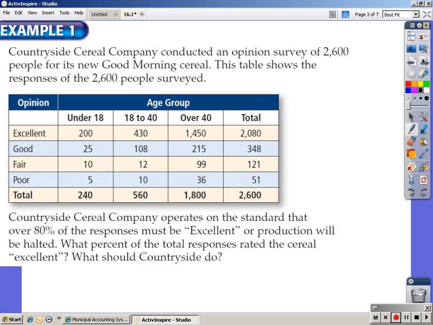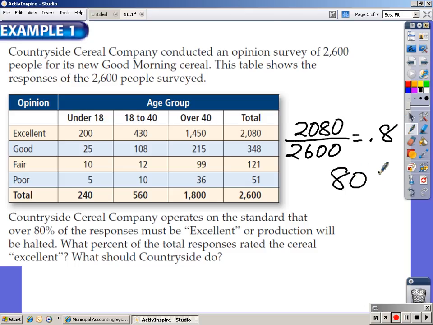Well, looking up here, this is my excellent column or row. 2,080 rated it excellent out of 2,600. Divide that out and you get 0.8. So that means 80% said the cereal was excellent.